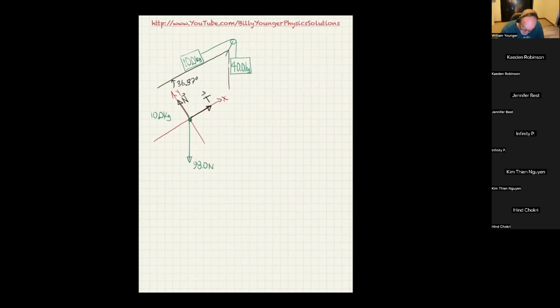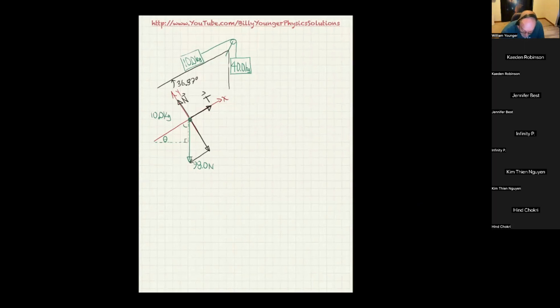So what I can also say is that the component of the weight in the x-axis is that little guy down there, and the component of the weight in the y-axis is this little guy. Now, here's the quote-unquote tricky part. If this is theta, which we know is 36.87, then you can see this makes a right triangle right here.